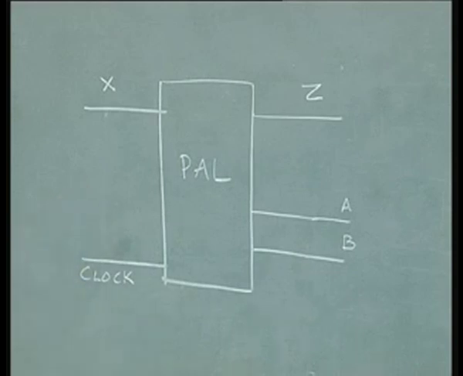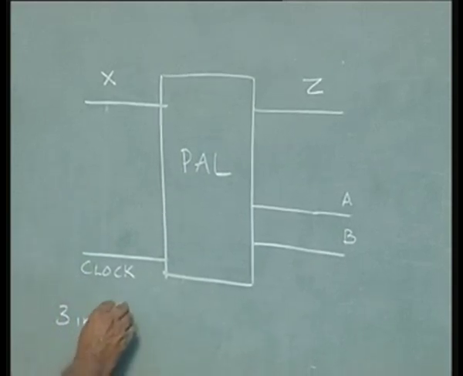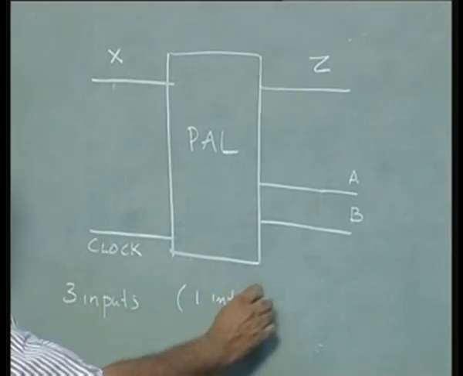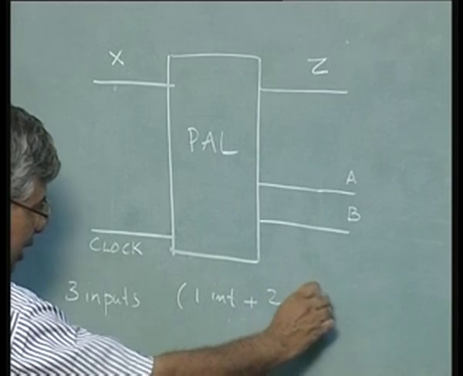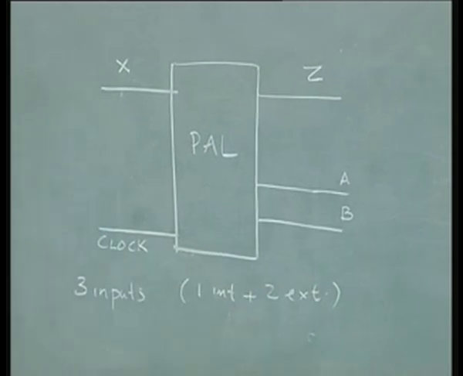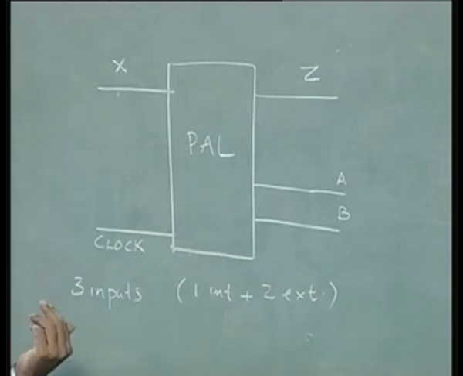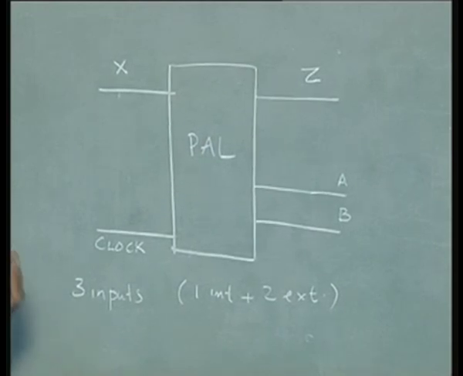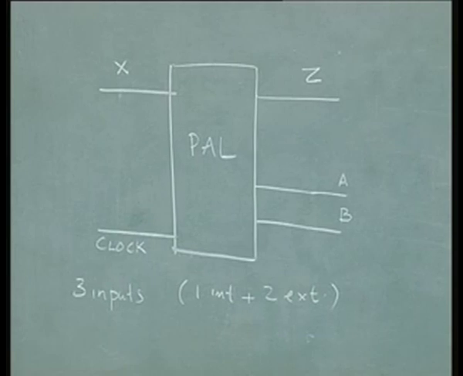So, I need 3 inputs, they call it, even though it's 1 external input and 2 internal inputs. The convention is to call it 3 inputs, because I should be able to connect up to 3 inputs, whether they are internal or external.